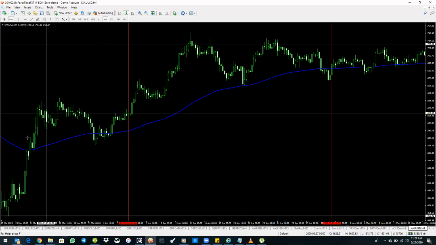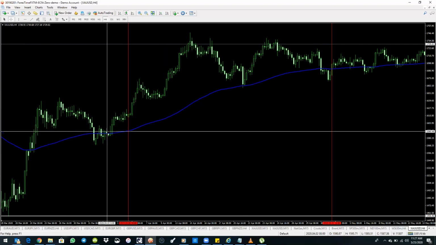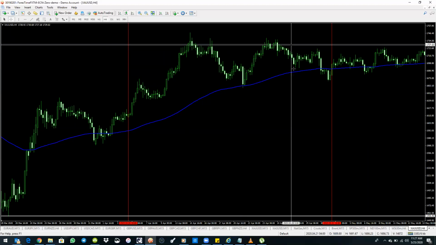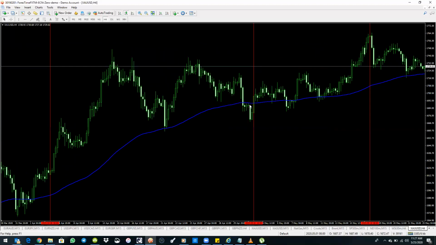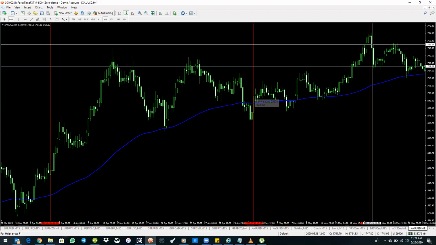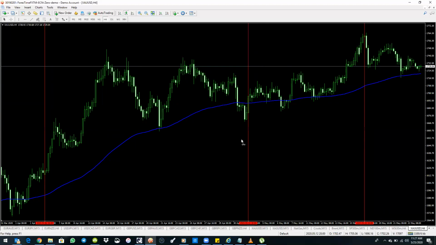Price turned bullish here, touched the 100 period moving average, and there was a rejection up. Touched the 100 period moving average, rejection. Closed below the 100 period moving average, but immediately reversed. There was a bullish move, rejection, rejection. Anytime the market touches the 100 period moving average, you get that reversal. So it's acting kind of like a dynamic support to the market.